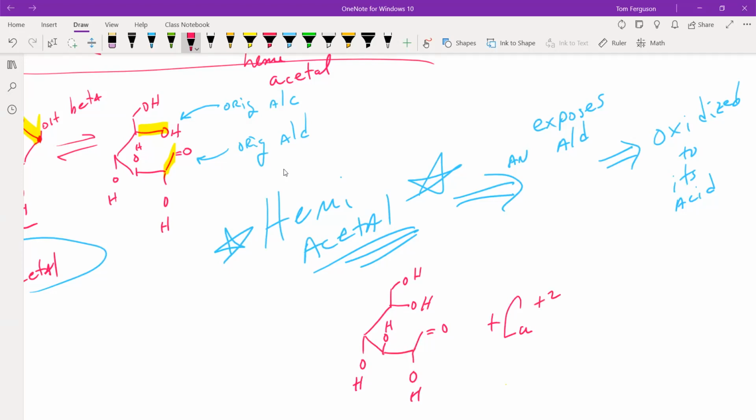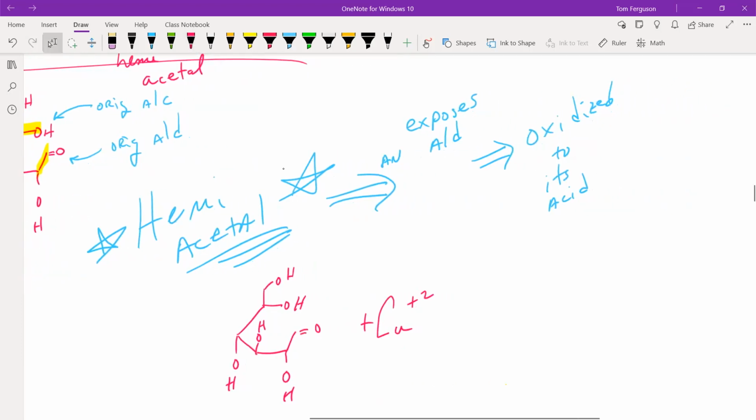We put an oxidizing agent in there, like cupric copper nitrate. What's going to happen is that aldehyde sugar opened up is going to oxidize.